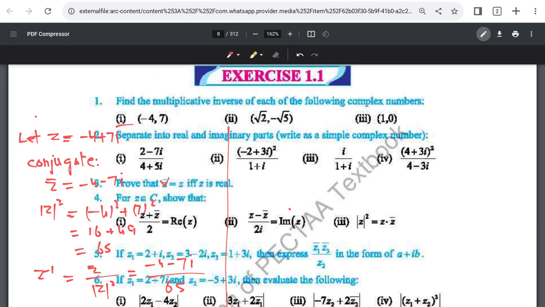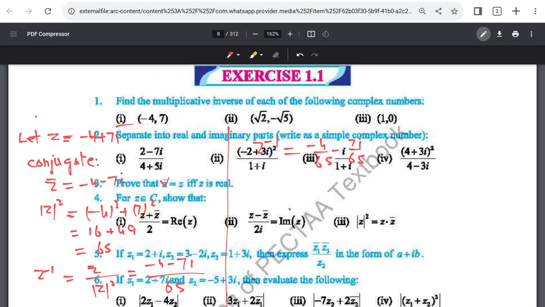So now z inverse is equal to minus 4 over 65 minus 7 over 65 iota.